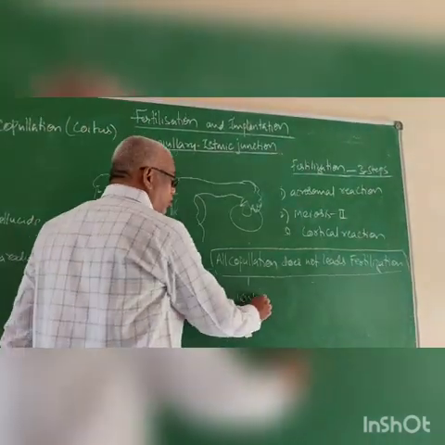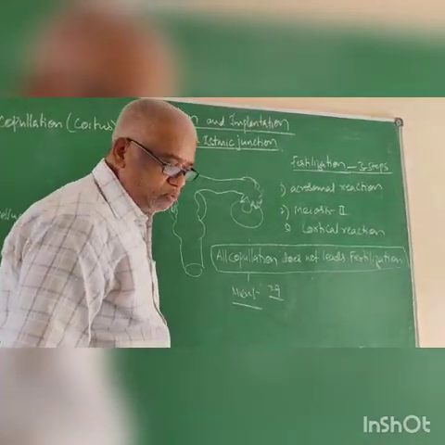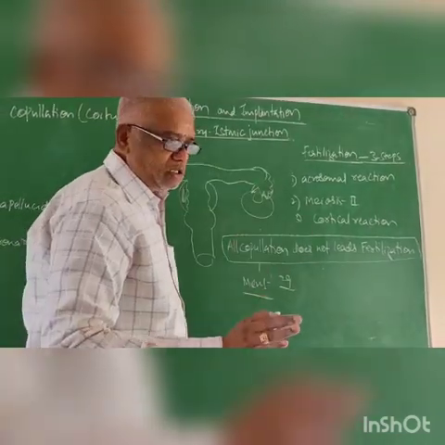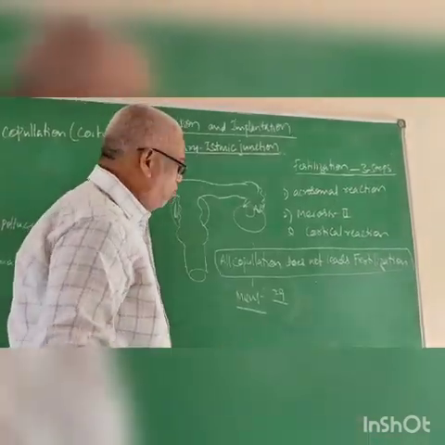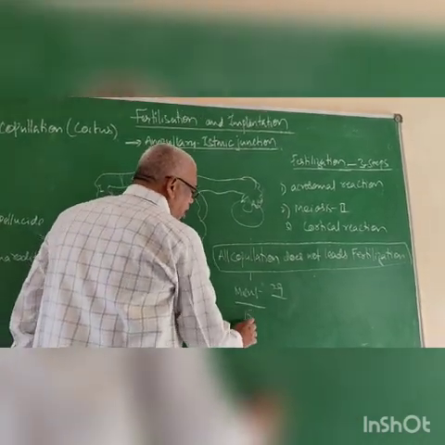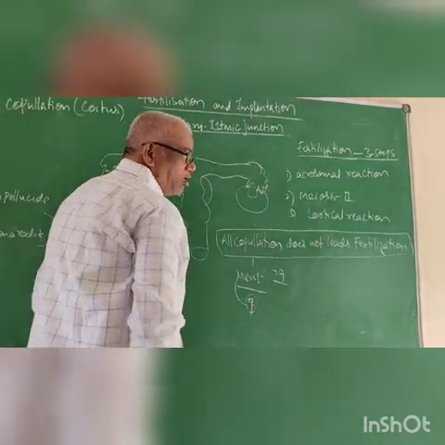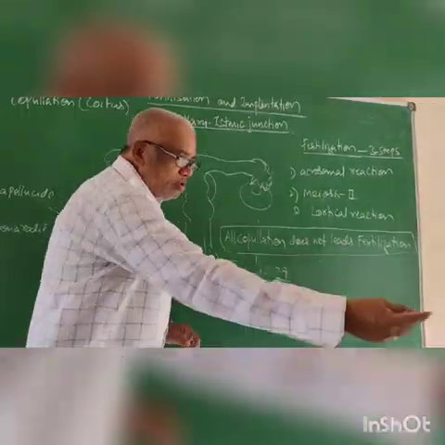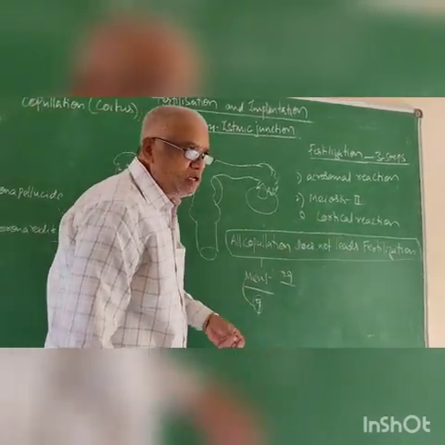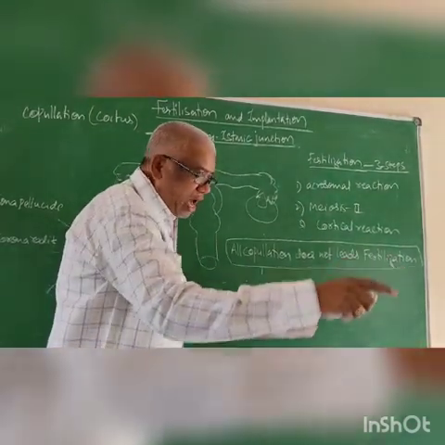What is the total duration? 29 days. Suppose a woman, a girl or sister or mother, whatever it may be, is on the 7th or 9th day of her menstrual cycle. She is a married woman, and today is the 9th day of her menstrual cycle.